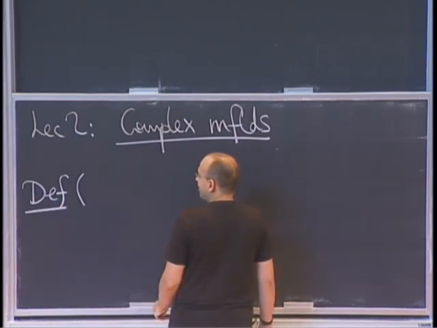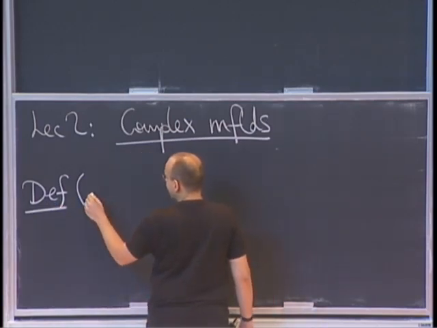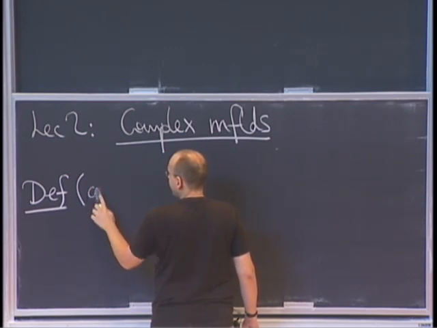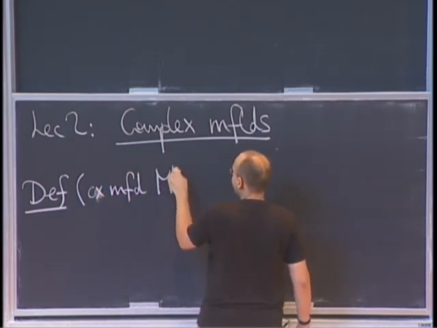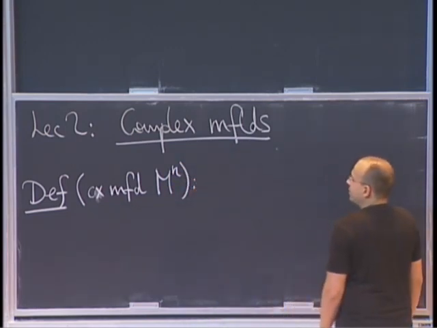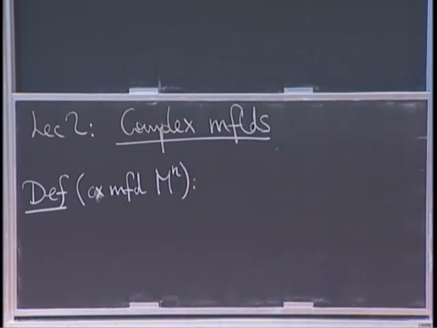So we want to define the notion of complex manifold. I'm just going to say that you take the definition of a smooth manifold, and you replace diffeomorphisms between open sets in Rn, which is what the transition functions are by definition, by biholomorphisms between open sets in Cn.